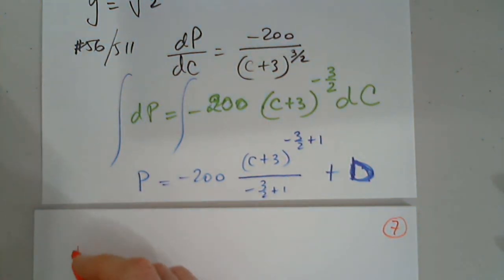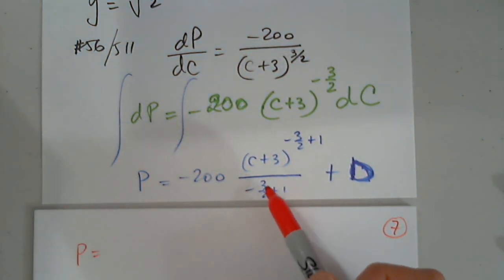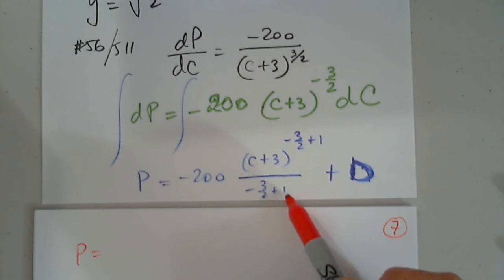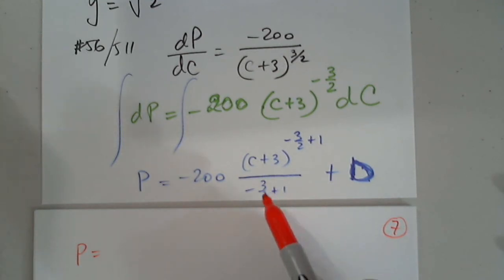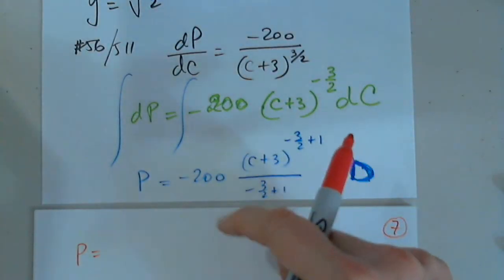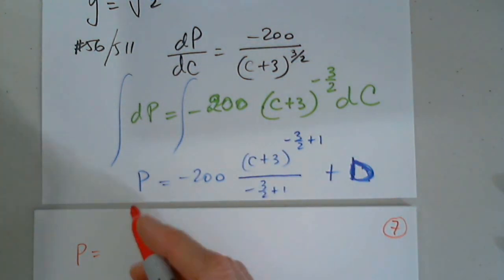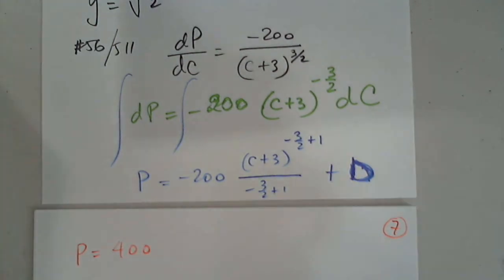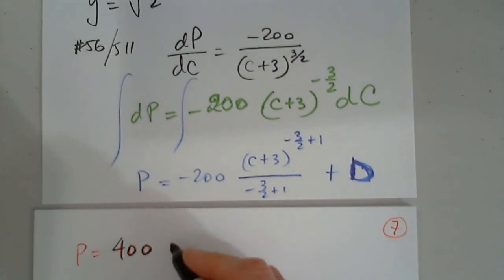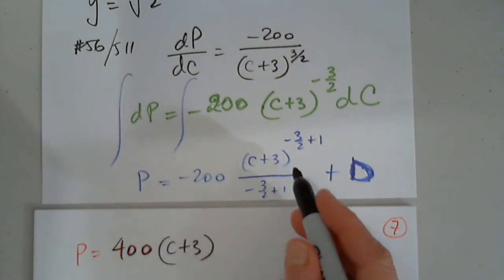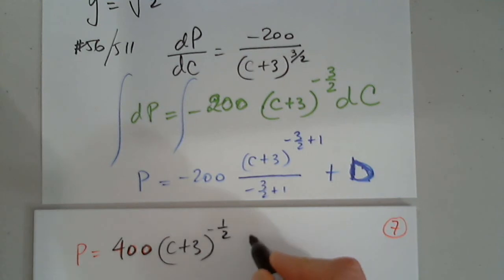Good. So then P equals negative 3/2 plus 1 is negative 1/2, but I have to flip it, and it will multiply, so it's negative 2 times negative 200, so this is positive 400. So positive 400 times C plus 3 raised to negative 1/2, plus a constant.